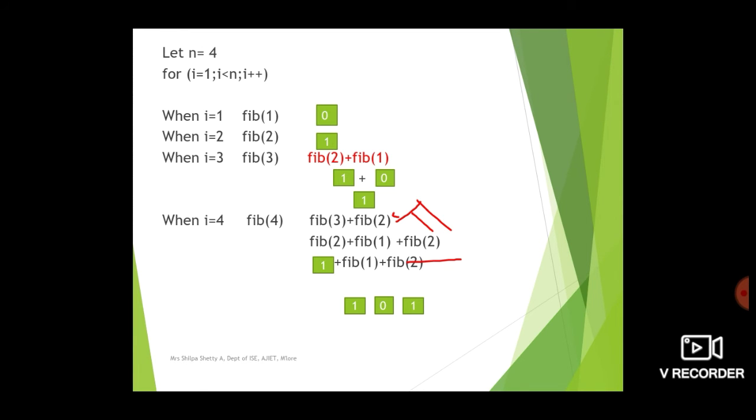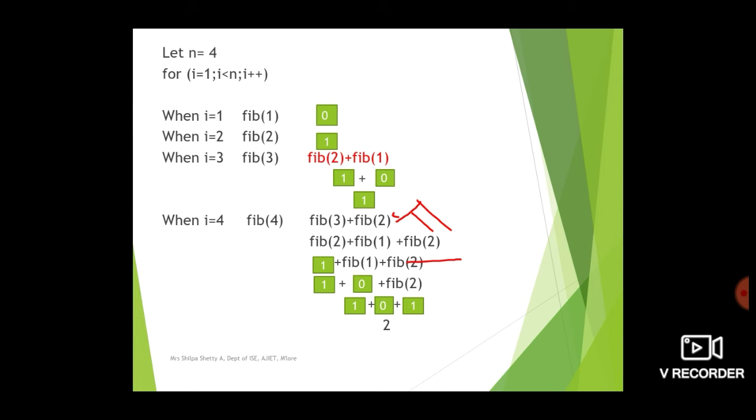Next fib of 1 will be called, and fib of 1 will return 0. Then fib of 2 will be called again, and fib of 2 will return 1. So the answers returned are 1, 0, and 1. This is added up and the result becomes 2 here. So this is the final result.